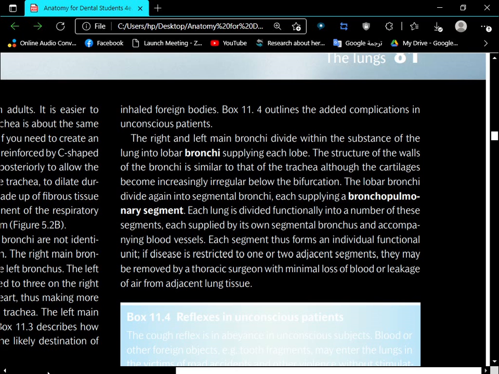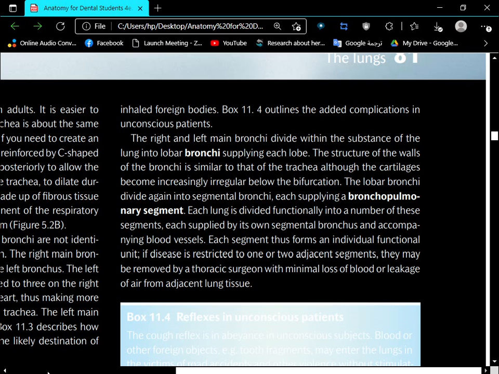The right and left main bronchi divide within the substance of the lung into lobar bronchi supplying each lobe. The structure of the walls of the bronchi is similar to that of the trachea, although the cartilages become increasingly irregular below the bifurcation.